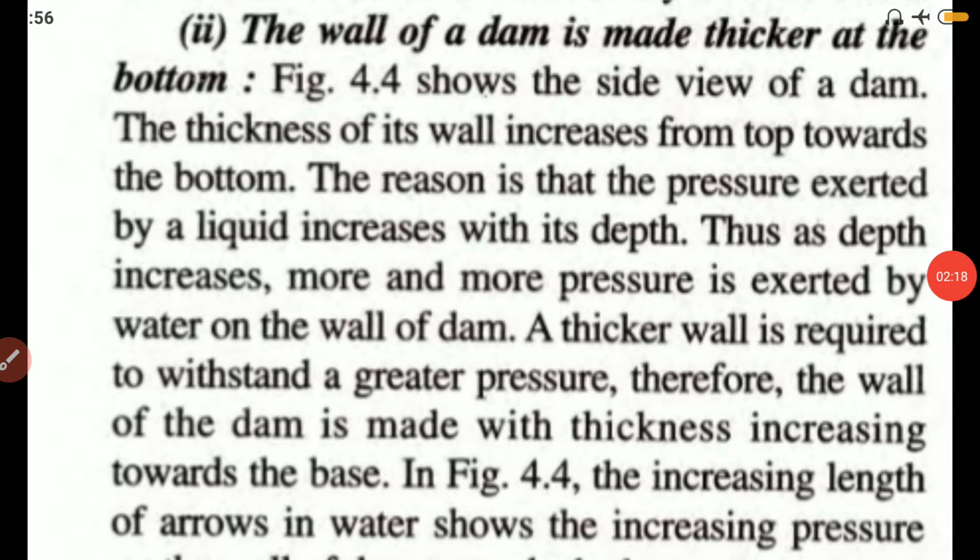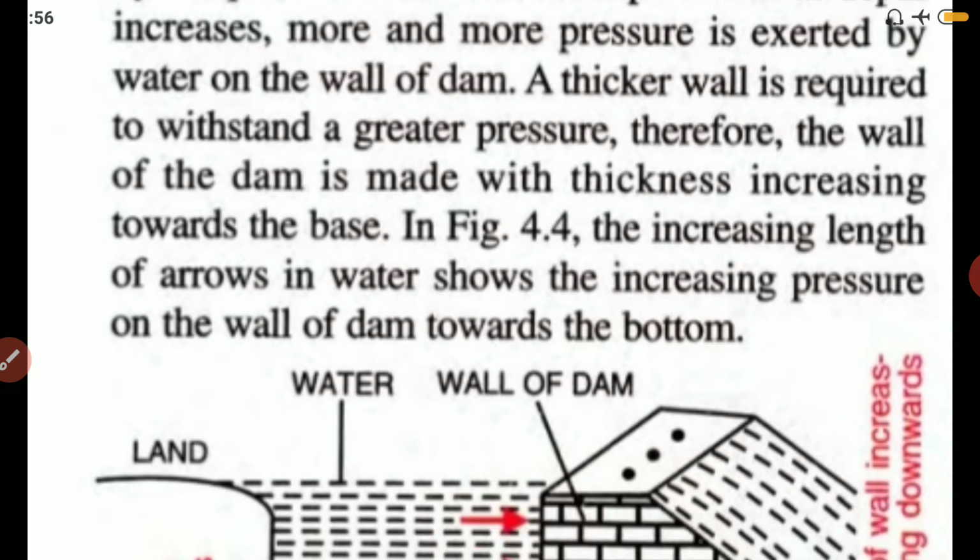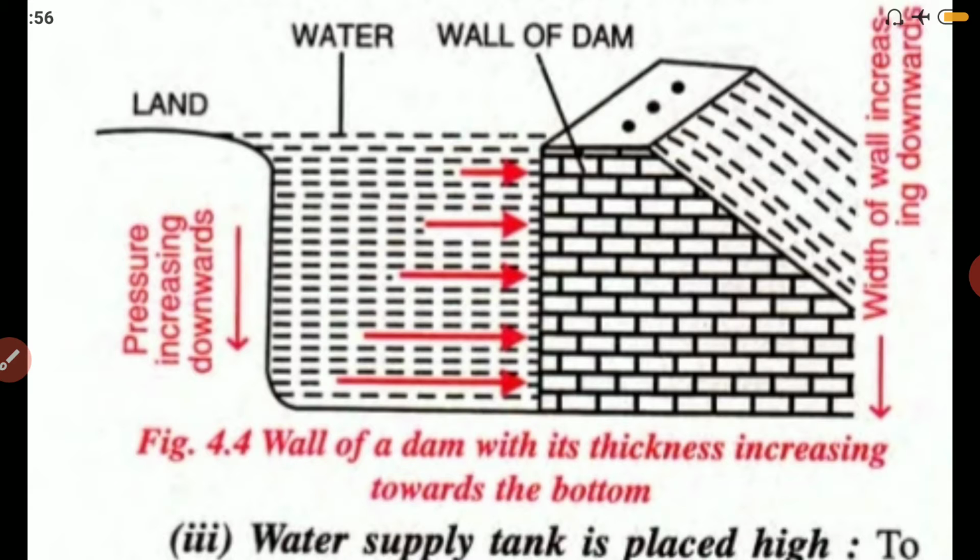Coming to the second consequence, the wall of a dam is made thicker at the bottom, as shown in figure 4.4. Here you can see the thickness of the wall is more at the bottom compared to at the top.